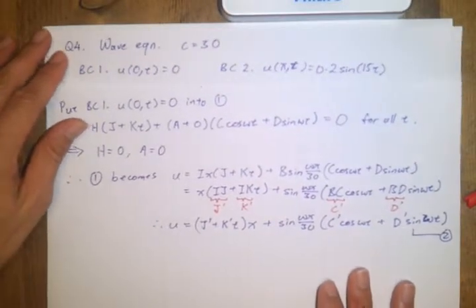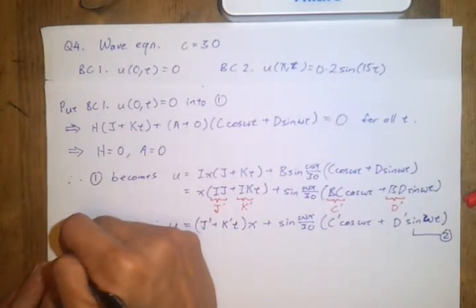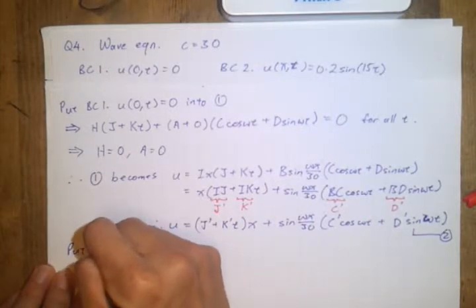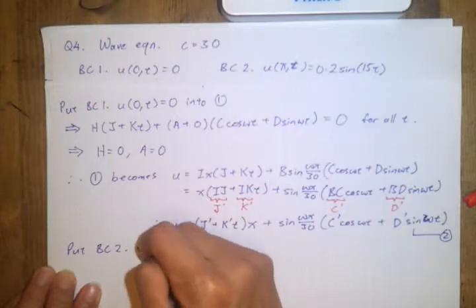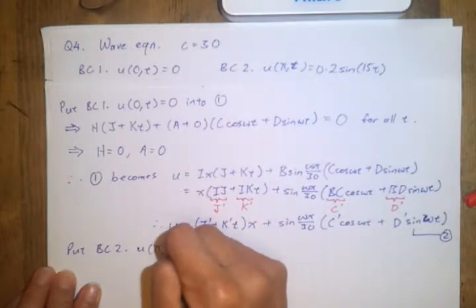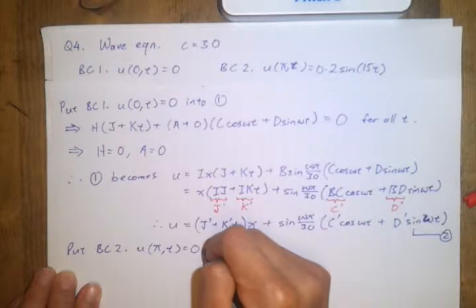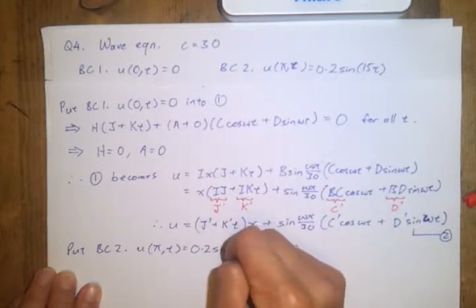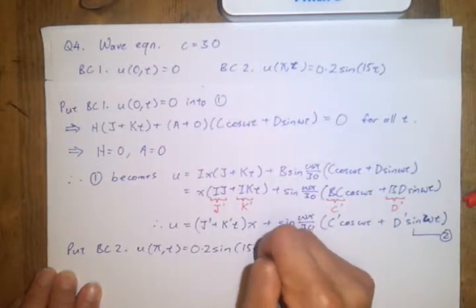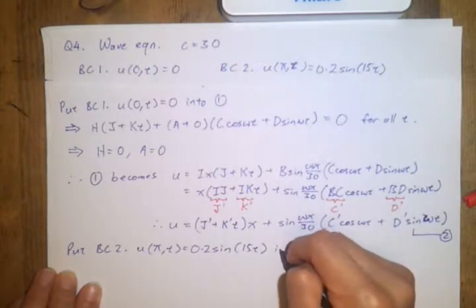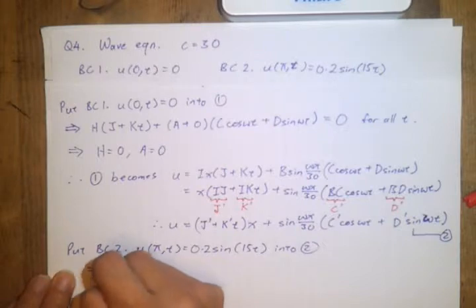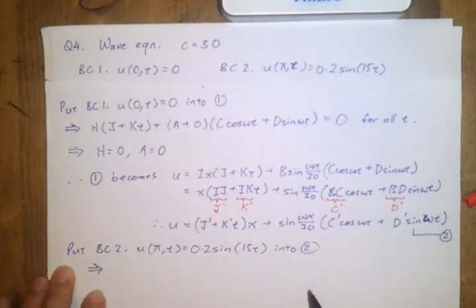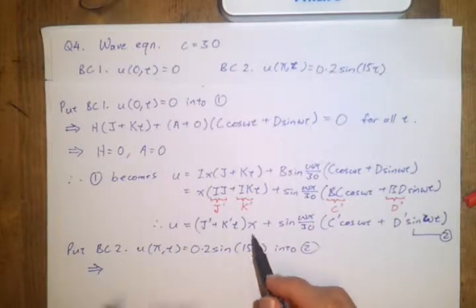My second boundary condition is u at x equals pi is 0.2 sine 15t. All I have to do is put x as pi.